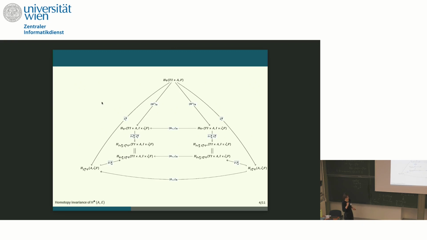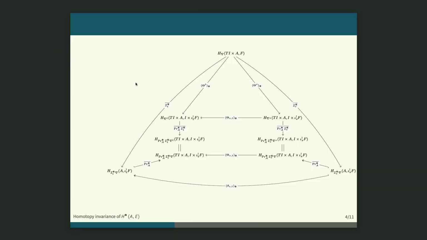It's very small because it's big. So if you take a Lie algebroid TI times A and the twisted cohomology with values in the vector bundle F, then you can restrict, as before, to special times.